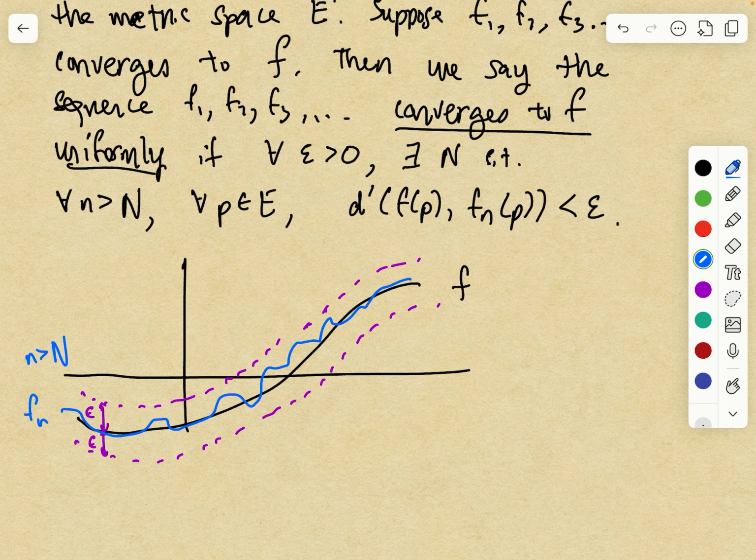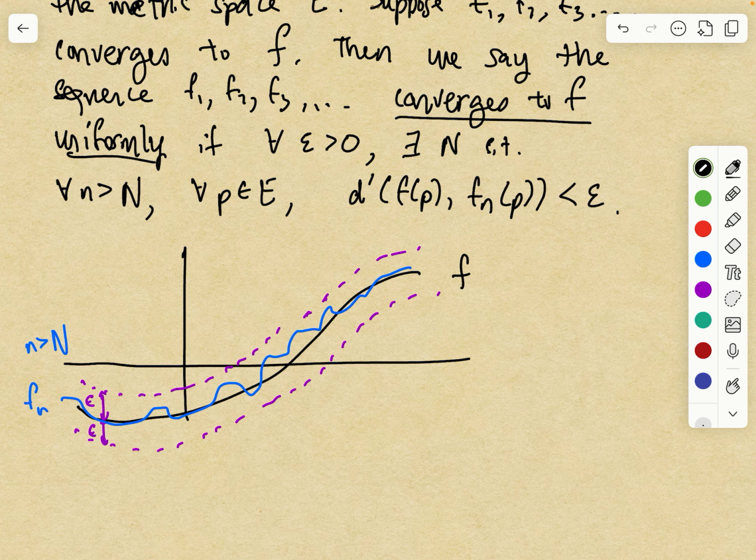And so intuitively what we're saying is that f and fn are never more than epsilon away from each other. There's no point p for which f of p and fn of p are more than epsilon away from each other.